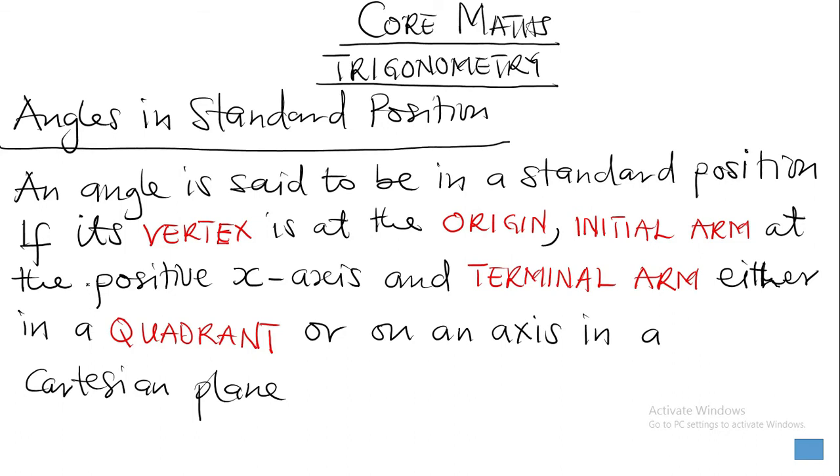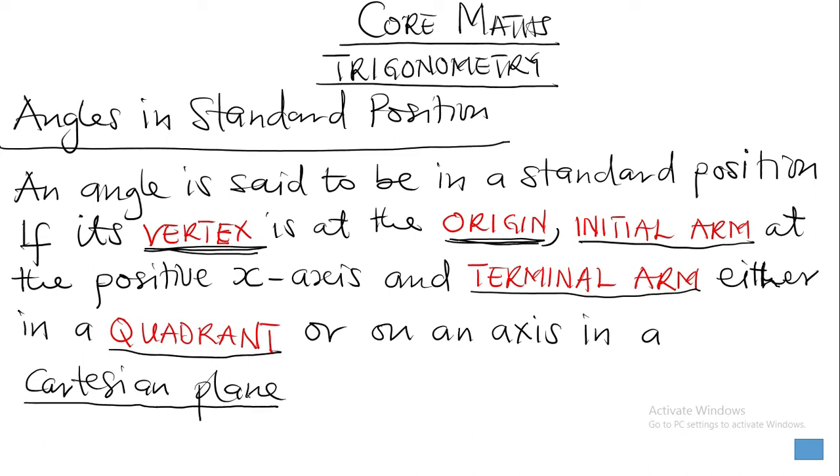An angle is said to be in a standard position if its vertex is at the origin, its initial arm is at the positive x-axis, and its terminal arm is either in a quadrant or on an axis in a Cartesian plane. So initial arm, terminal arm, quadrants, and Cartesian plane are the key words in the definition.